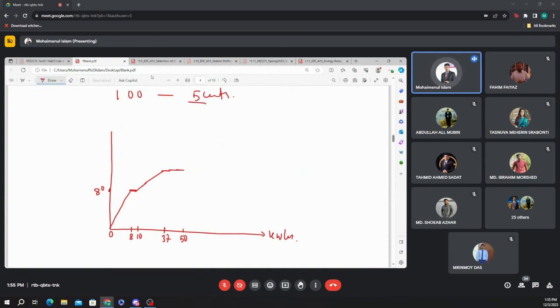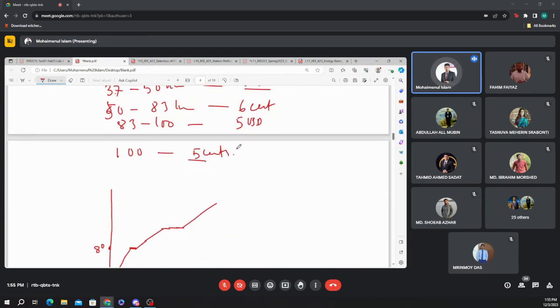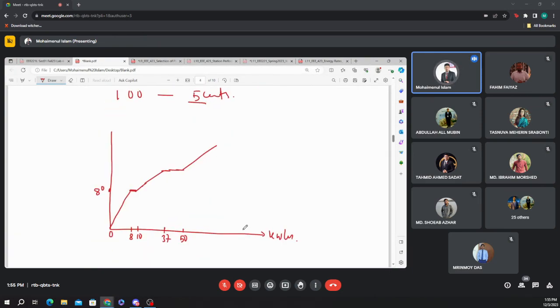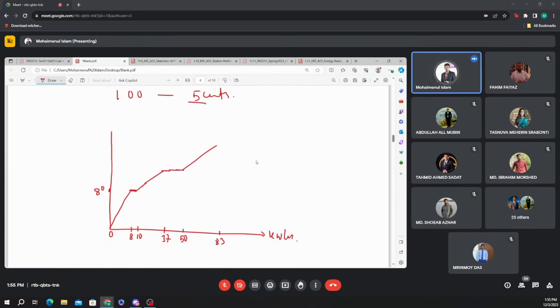Maybe it follows another straight line. So then it is 83, and after 83, it should be constant up to 100 in a fixed rate. Maybe this is 100, and then over 100, it should be another rate.